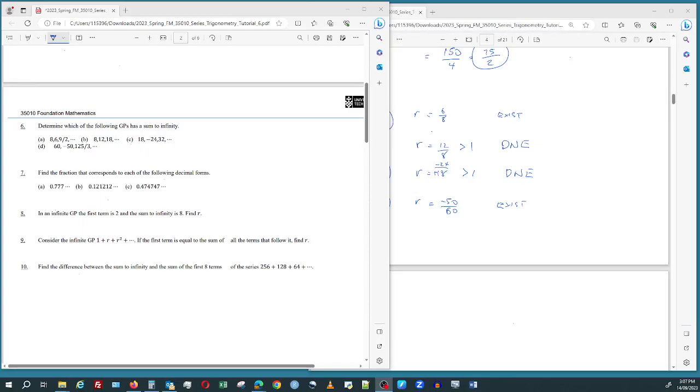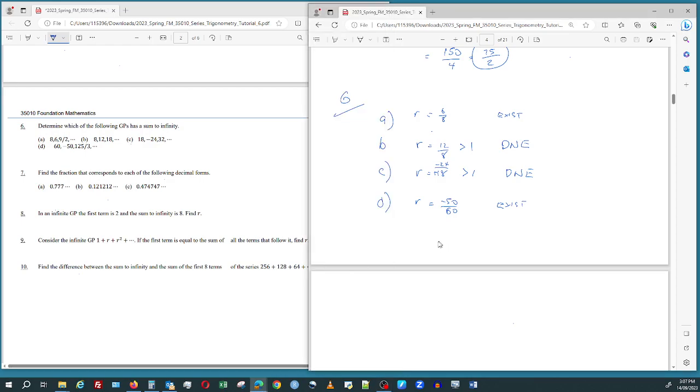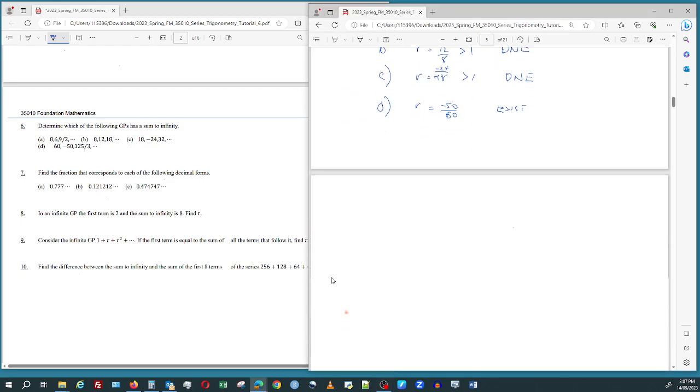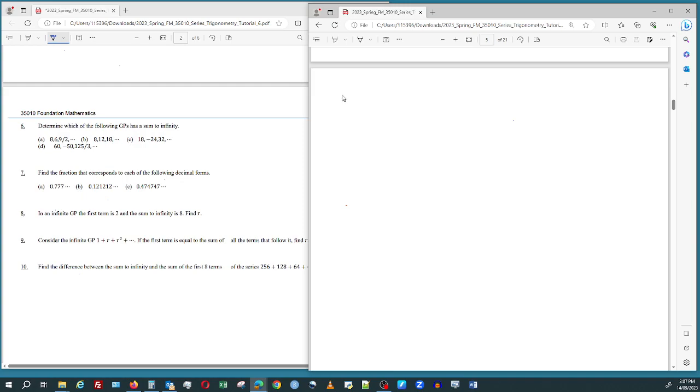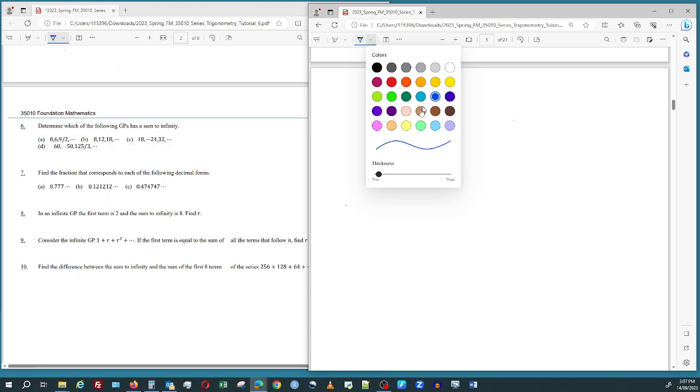Okay, so let's get on with the next part. So we've done 6, I think, which was classification. Now we're having a look at 7. So we're looking to understand the creation, if you like, or development of decimals.